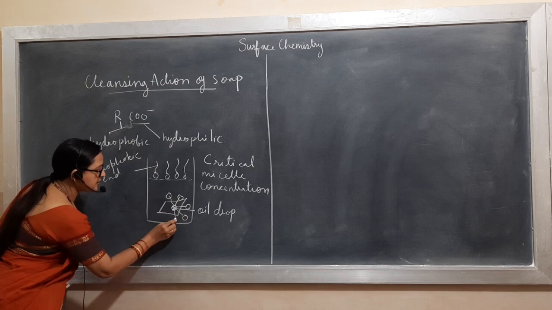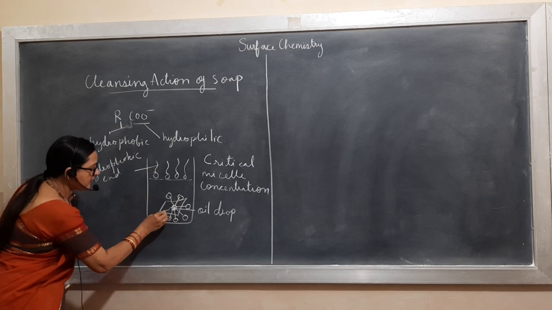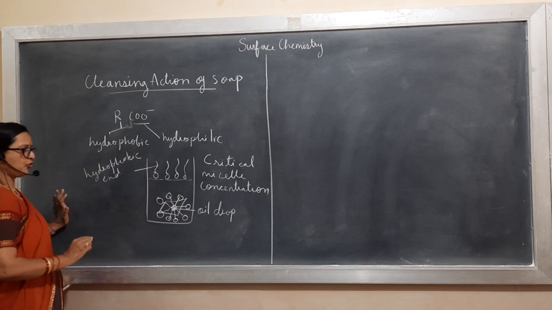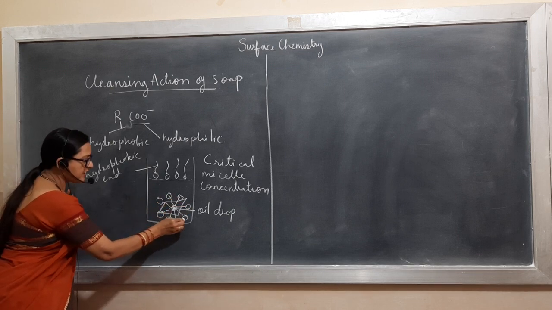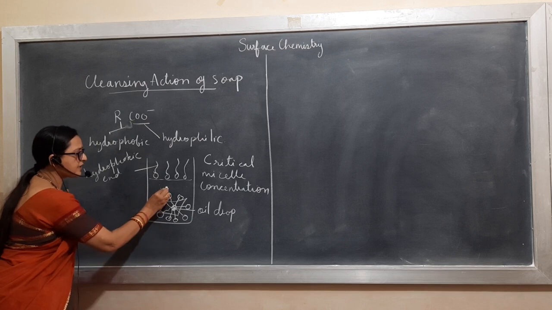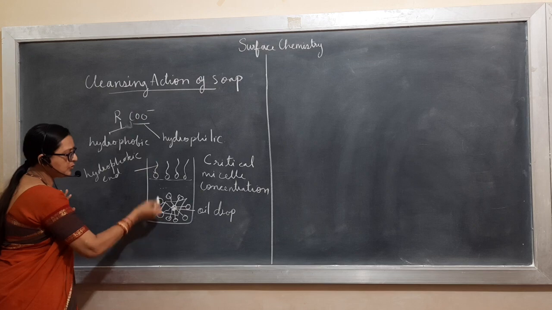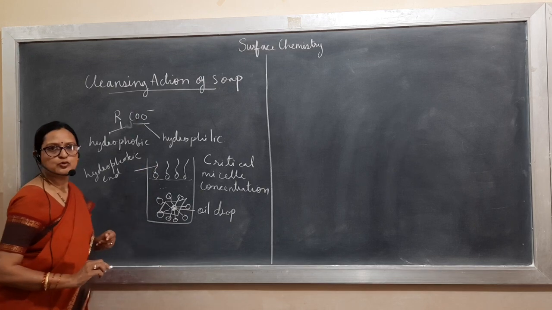At critical micelle concentration. All the hydrophobic ends enter into the oil drop and all the COO minus, which is hydrophilic, is above. These are attracted towards the water, and they pull the oil droplet away, and this way the oil droplet is removed from the cloth.